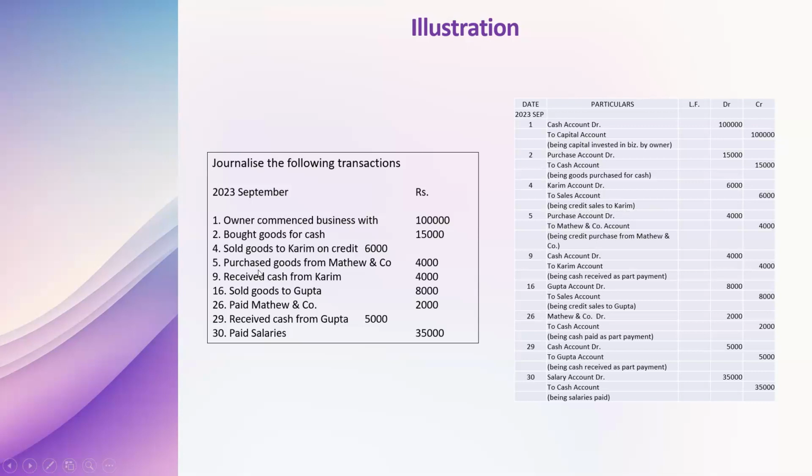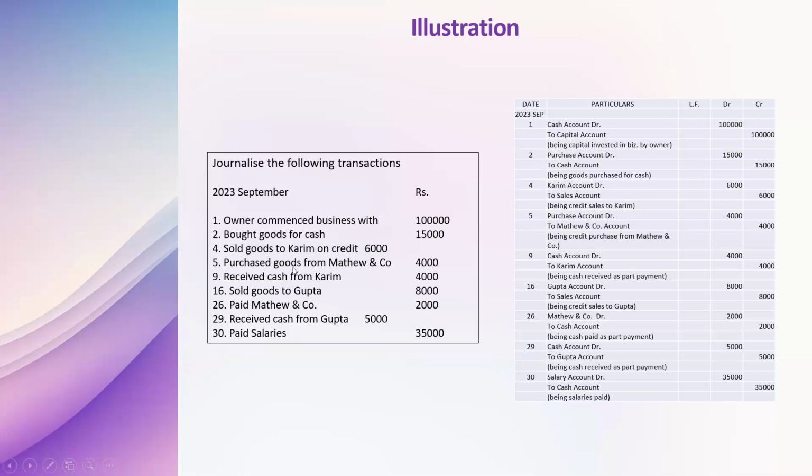And the fourth one, purchased goods from Matthew and company. So here there is no mention whether it is credit or cash. So what will you consider? Is it a credit transaction or a cash transaction?